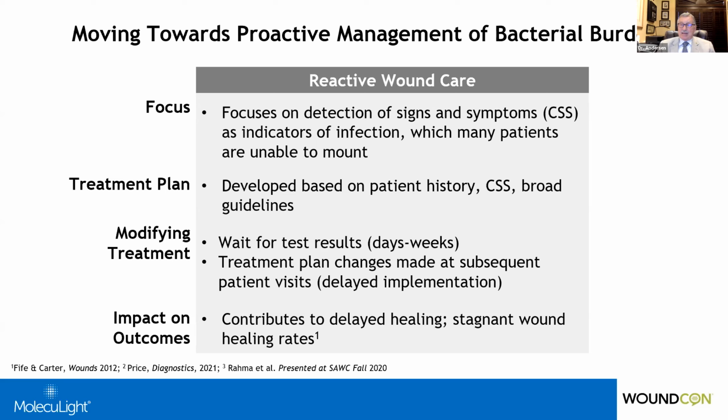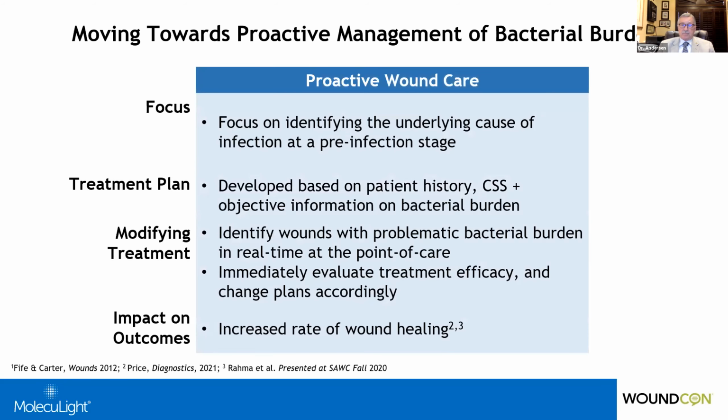Many times, taking that approach, there's a delay in definitive treatment. For example, if we elect to do a culture, we would wait for the results of that culture many times before initiating antibiotics. So the traditional approach, unfortunately, contributes to delayed healing, delay in appropriate treatment, and the potential to develop significant complications.